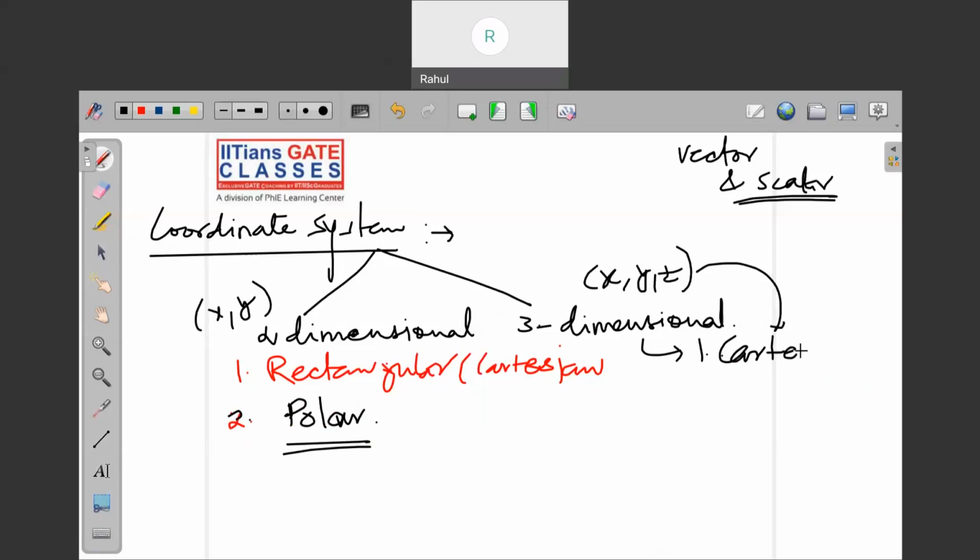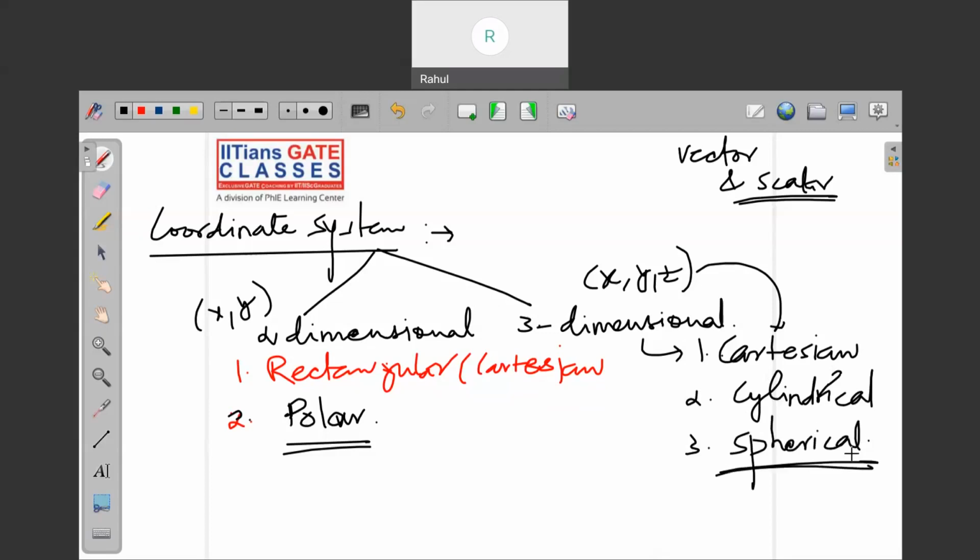So Cartesian, the second one is going to be your cylindrical, and the third one is going to be your spherical. Depending upon the application, we will be taking the help of these coordinate systems.